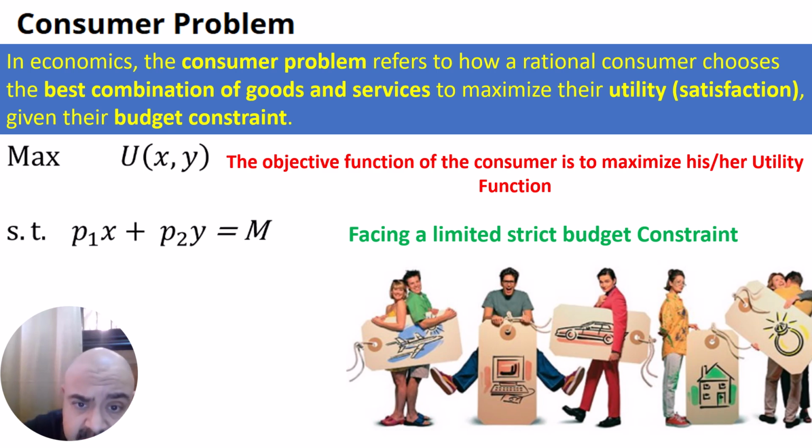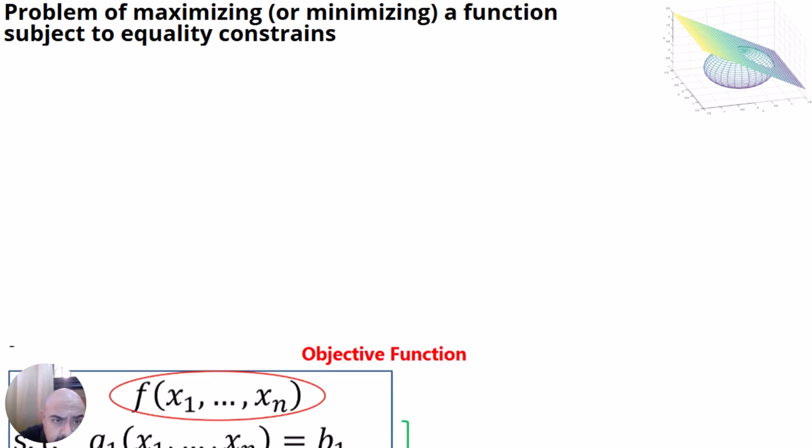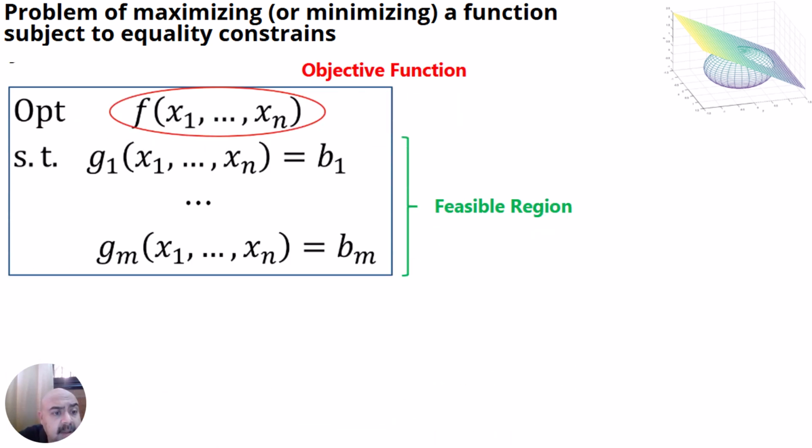Now, facing this limited, strict budget constraint, we should choose the best solution that exists. So the problem of maximizing or minimizing a function subject to an equality constraint can be formed in this manner. This is the objective function required to be optimal, subject to the feasible region, which is satisfied by the constraint.